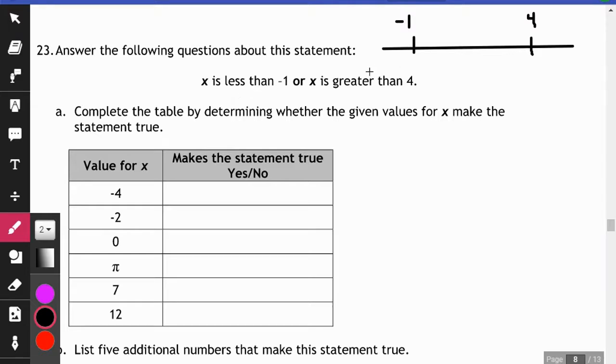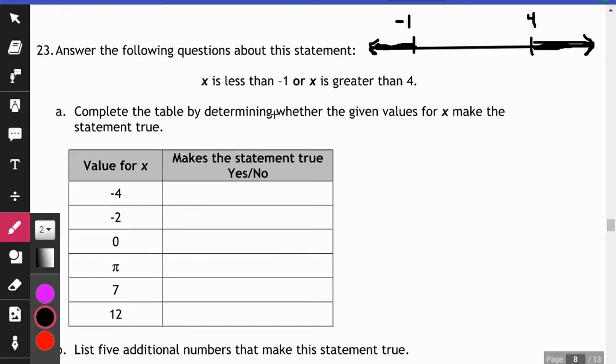X is less than -1. So I want numbers less than -1, or I could also have numbers greater than 4. Sorry, I completely misunderstood. So in other words, I want all of the numbers that are not between -1 and 4.